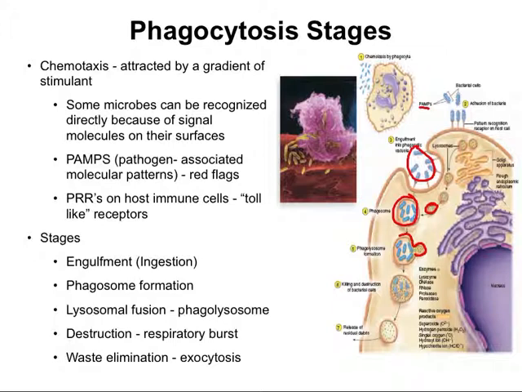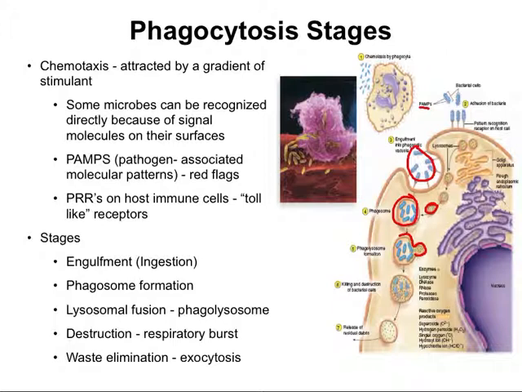In this phagolysosome, there are enzymes like lysozyme, DNase, RNase, proteases, and peroxidases that act to break down the invading bacterial cells. Also, we'll see that destruction occurs through a respiratory burst. This respiratory burst releases reactive oxygen products like superoxide radicals and hydrogen peroxides.